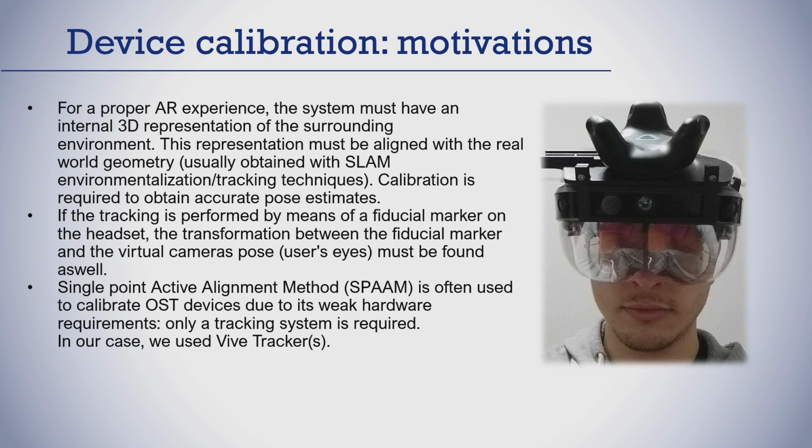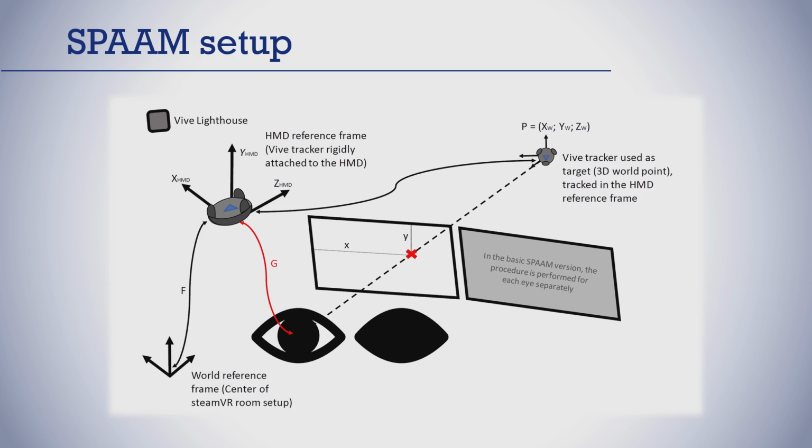To calibrate the optical see-through device, we use the SPAAM technique, which is the single point active alignment method, simply because it is very used in augmented reality because it doesn't require a lot of hardware. It just requires a tracker and a tracking localization system for that tracker, and it is easy to implement, hopefully.